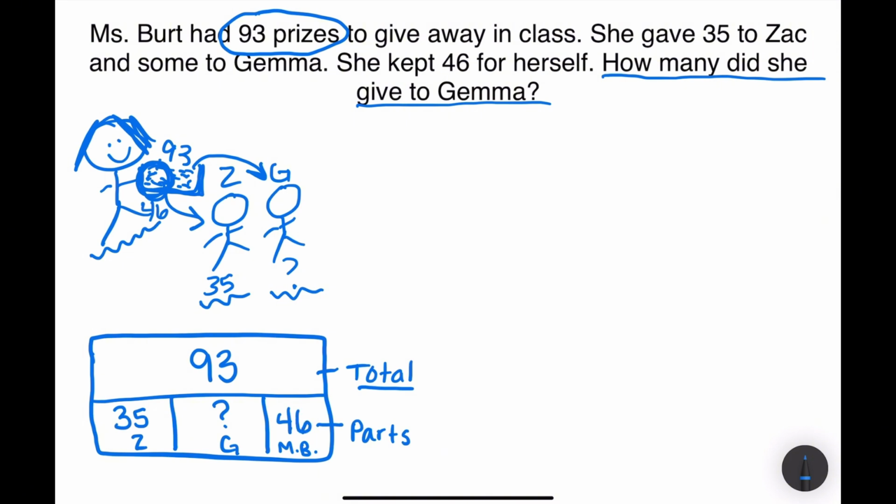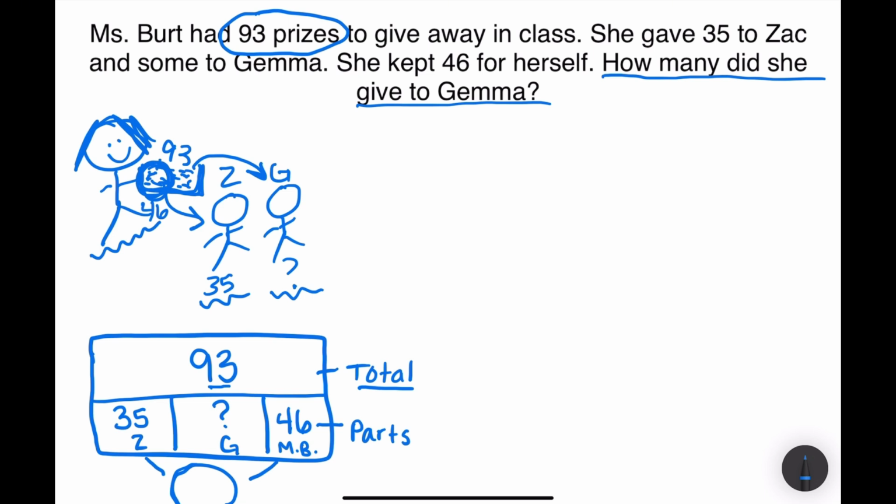All right. There are a couple of different ways that you can do this problem. The way that I'm going to do it is I'm going to put the parts I know together to come up with one number, and I'll put that number right here when we solve it. And then I can separate that number from the whole to figure out what's left over.